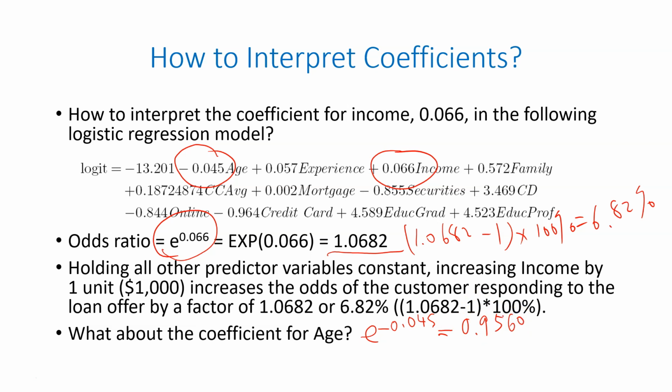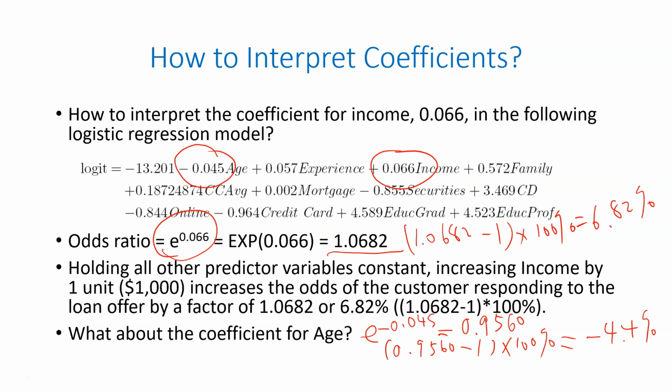0.9560. As you can see here, if age increases by 1 unit, the odds value actually decreases because the odds ratio is less than 1. If you subtract 1 from this number and multiply it by 100%, you will get negative 4.4%.